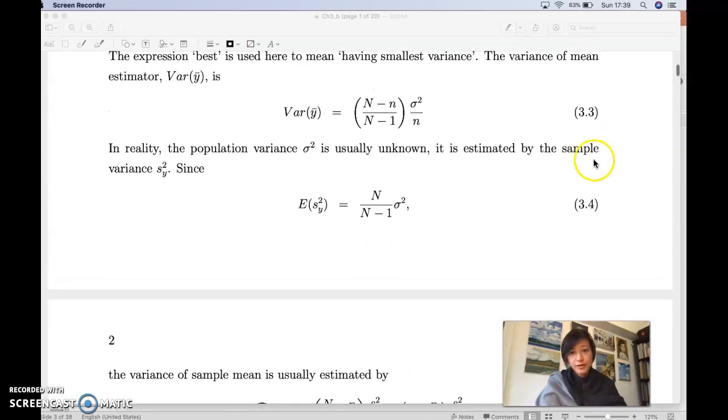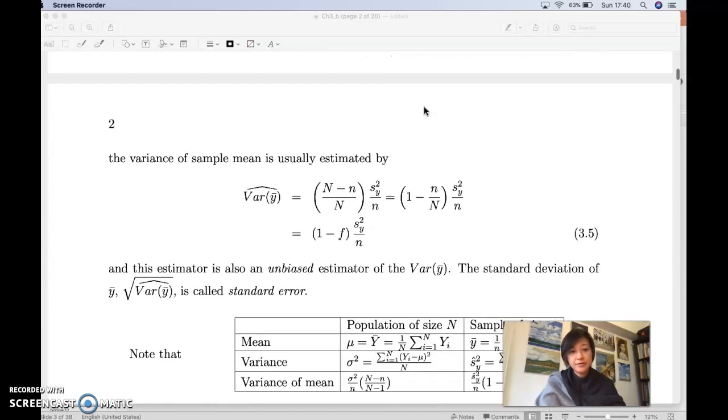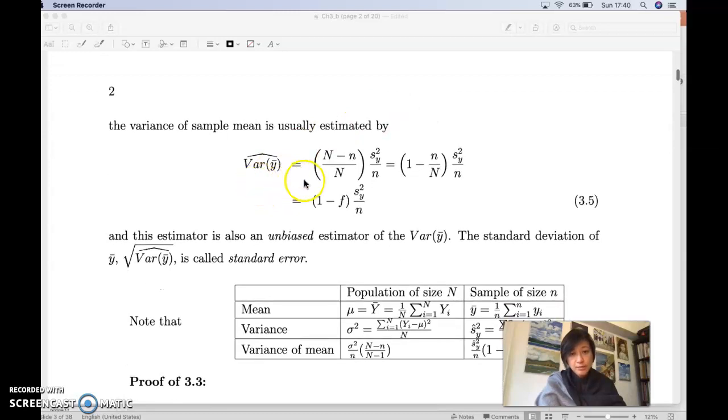If, in reality, sigma squared is not known, and we cannot obtain it from a previous census or any data available to us, we can estimate the variance of our sample mean by using our sample variance, s_y squared, divided by n, multiplied by 1 minus the fraction of our sample size to the population size. Equation 3.5.